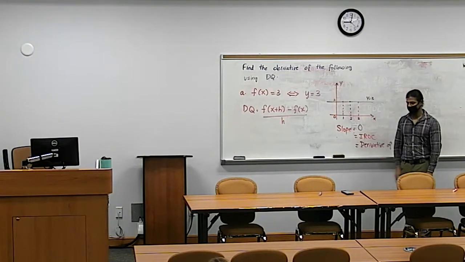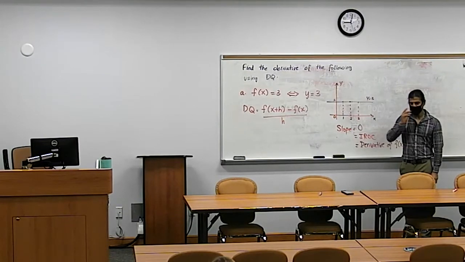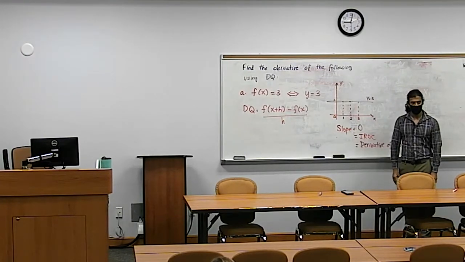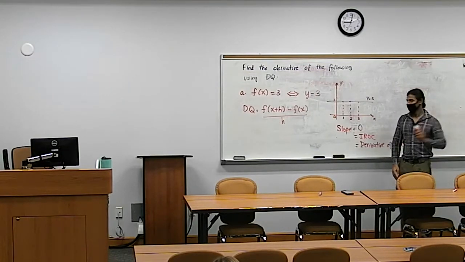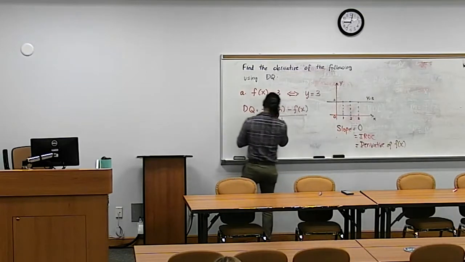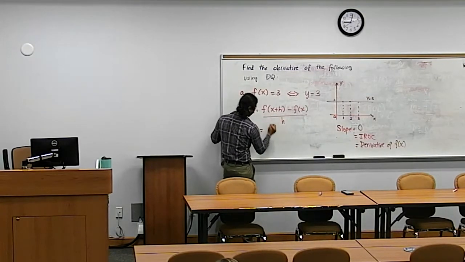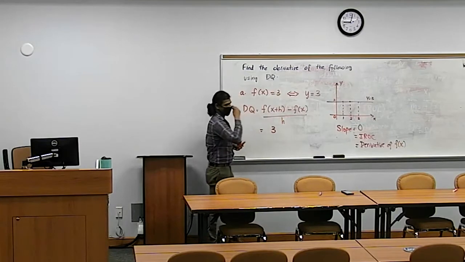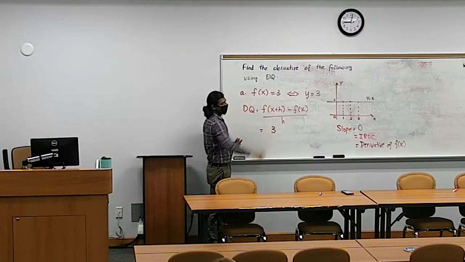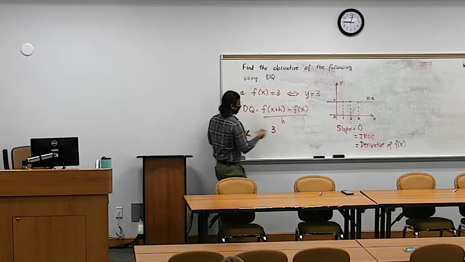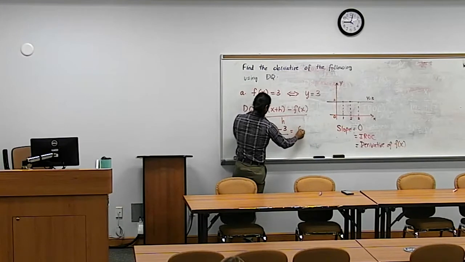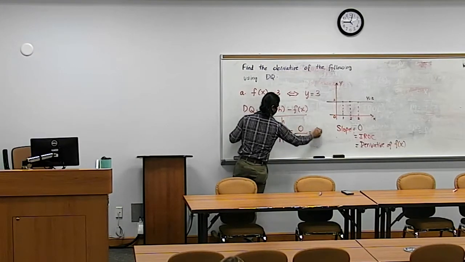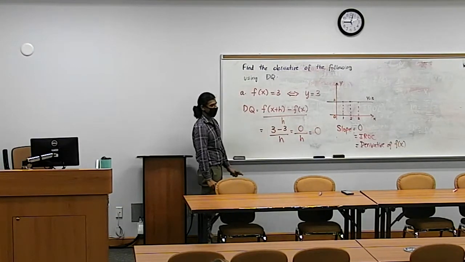What is f of 3? What is f of minus 100? What is f of x plus h? It's 3, right? So it's still 3 because there is no x to plug it in. So no matter what x we pick, we still have 3. So 3 minus 3 divided by h, 0 over h, which is 0. Correct?